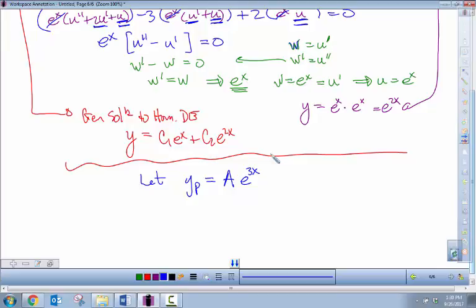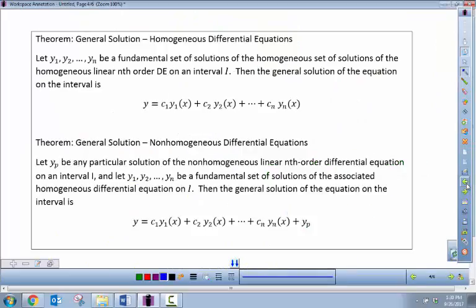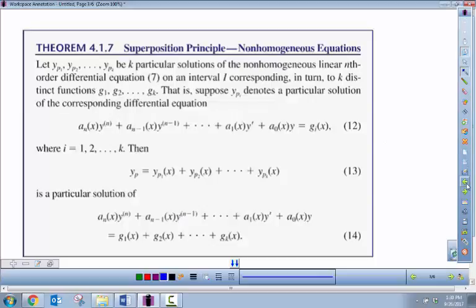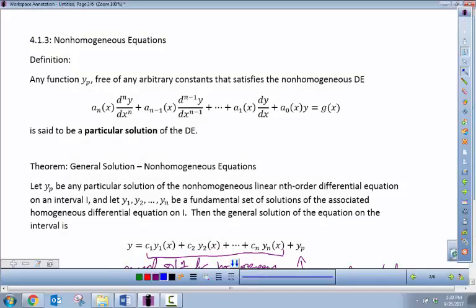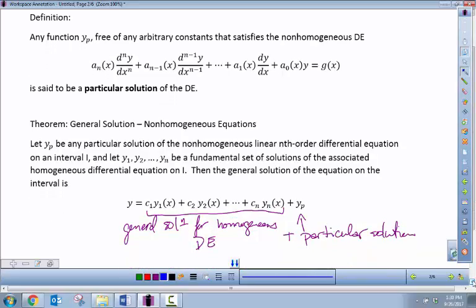The idea is that your particular solution should kind of match the right-hand side. Can we go back to the thing where it said what you do with the y p?